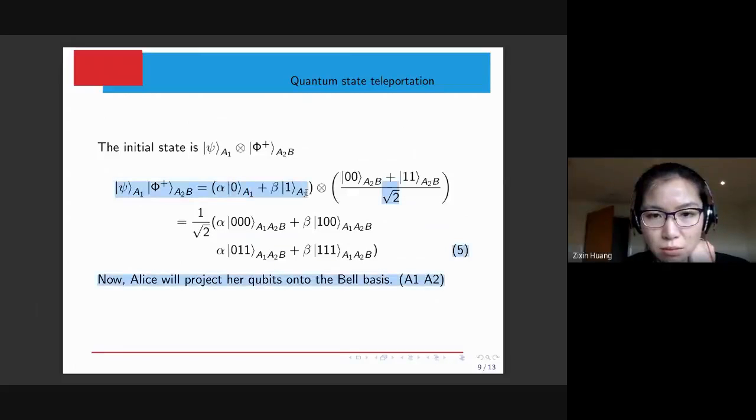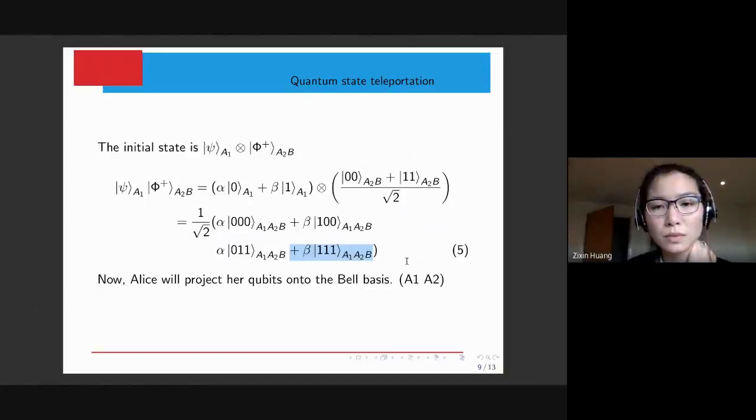The beta 1 with the 00 gives you this component. And the beta 1 with the 11 gives you this component over here. So I'll give you a few seconds to stare at that equation. This is just writing out different components.